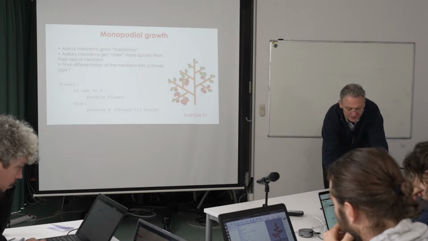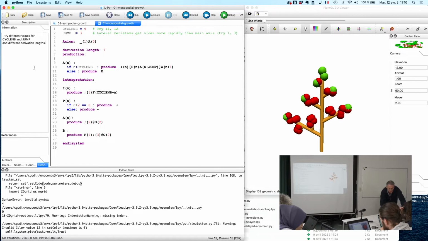And here, okay, you can play a bit with this model and play with the time capital T. Capital T is the cycle number. You also see that the main meristem produces lateral meristems with a jump in the age that you can vary as well, and you can also vary the derivation length. So this was 7.